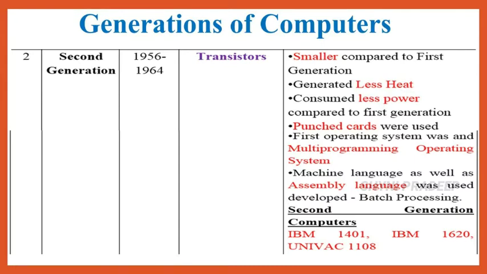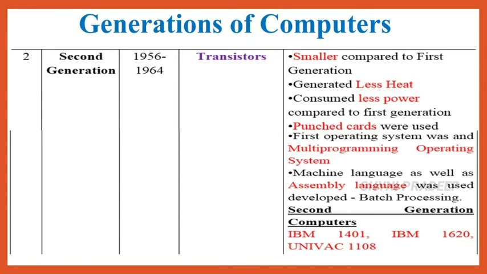Okay. In this generation, punched cards were used to give input. Here, multi-programming operating system is used. Assembly language was introduced. Okay. Some of the second generation computers are IBM 1401, IBM 1620, UNIVAC 1108.